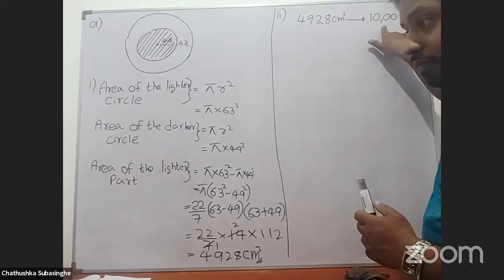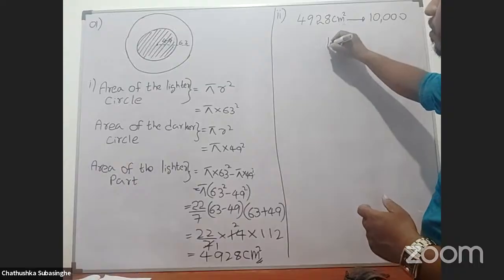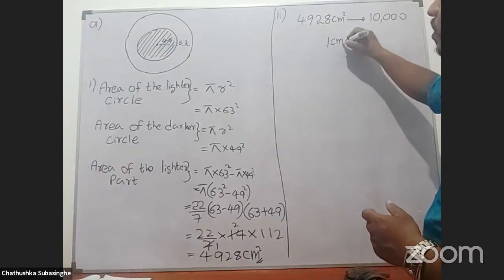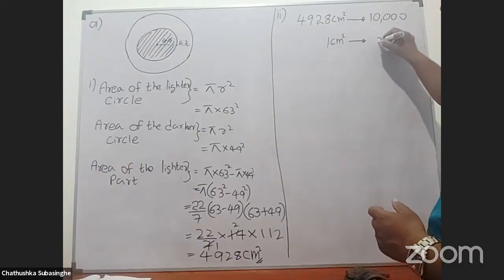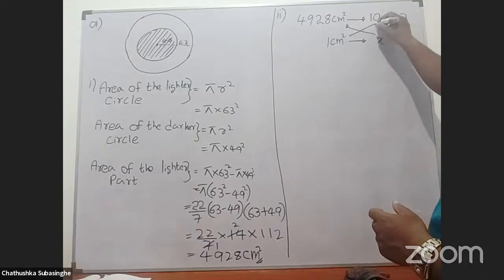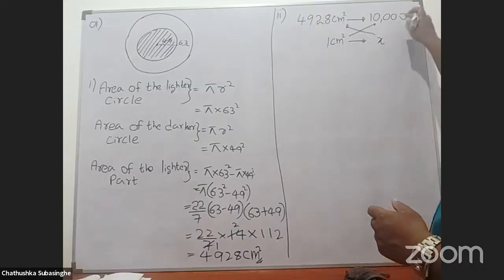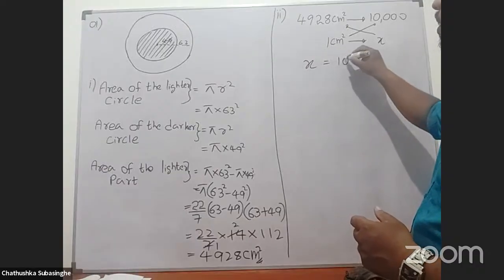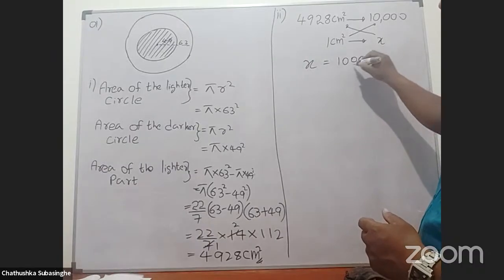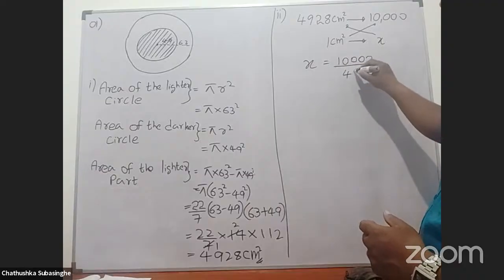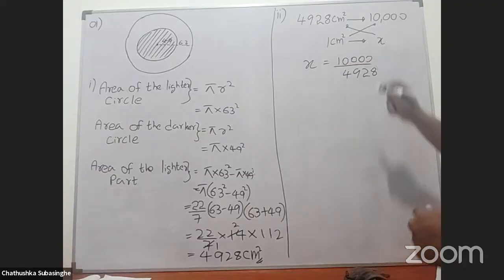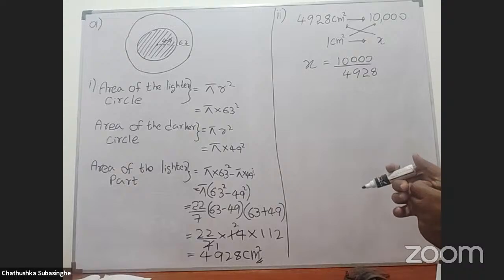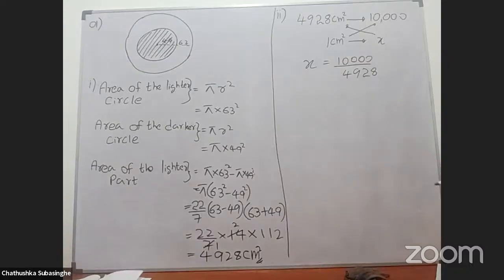And they are asking from us, what would be the amount to make 1 centimeter square? So we have to use the cross multiplication and then you can see x is equals 10,000 divided by 4,928, and they are asking to the nearest rupee.